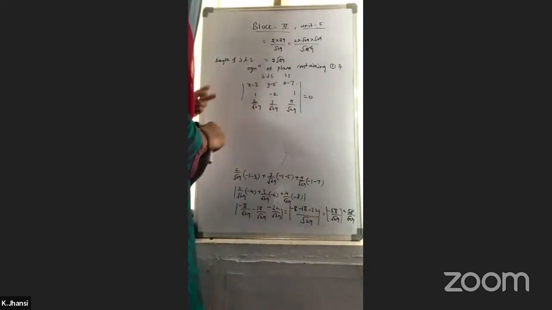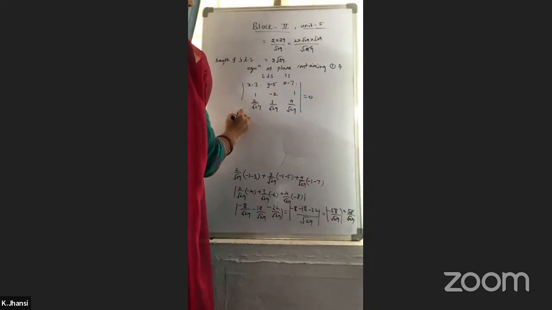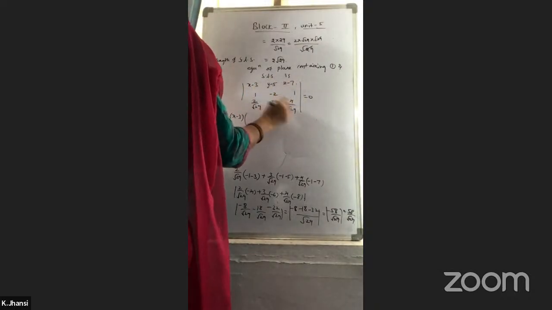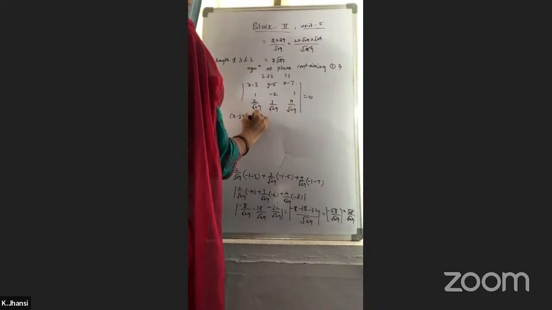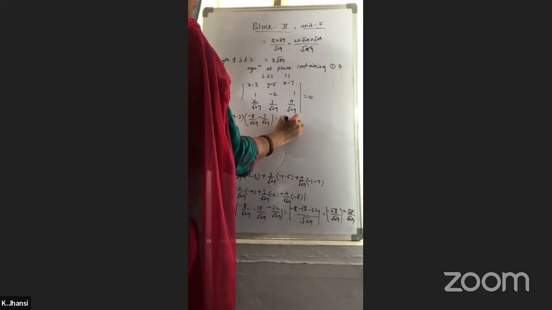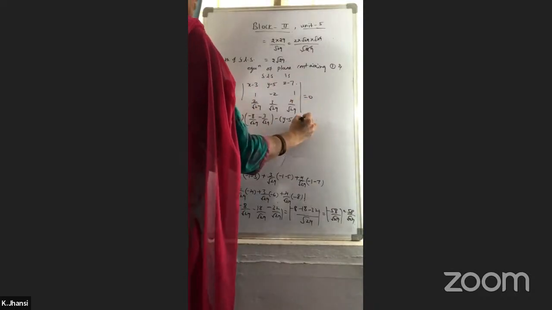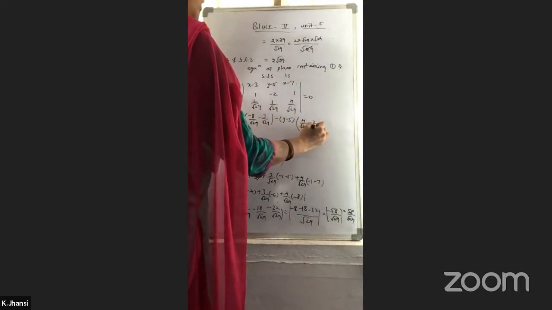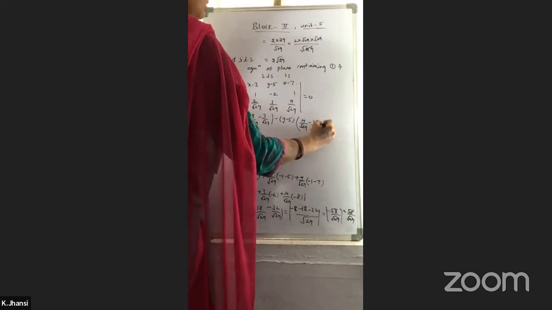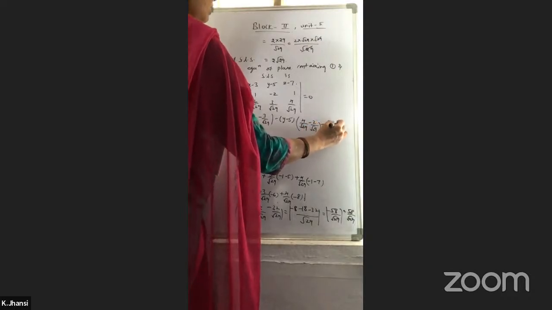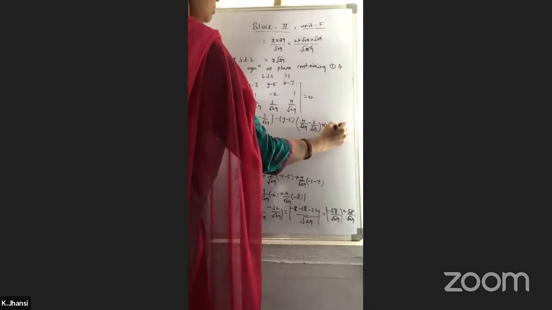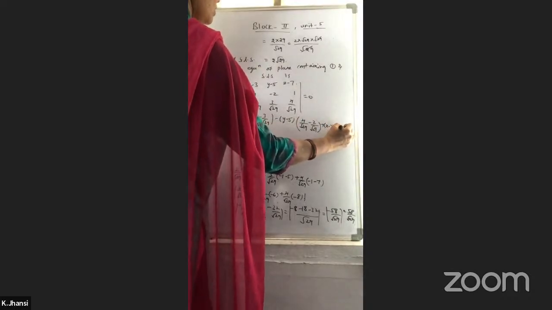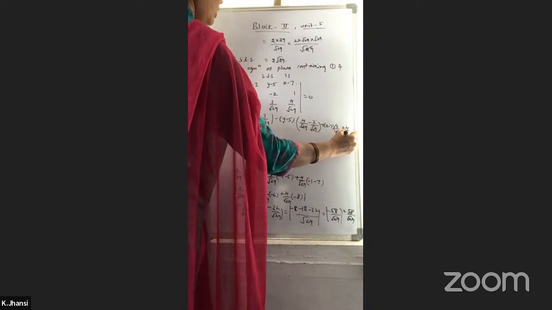Okay. So we know that this is x minus 3, minus 4 to the 8, 8 by root 29 minus 3 by root 29 minus of y minus 5, 4 by root 29 minus 2 by root 29, plus z minus 7 into 3 by root 29 minus of minus plus 4 by root 29.